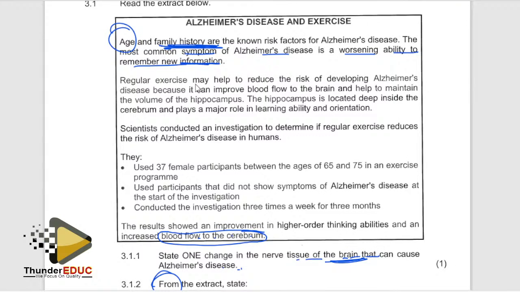They are saying that regular exercise may help to reduce the risk of developing Alzheimer's disease because it can improve the blood flow to the brain and help maintain the volume of the hippocampus. The hippocampus is located deep inside the cerebrum and plays a major role in learning ability and orientation.